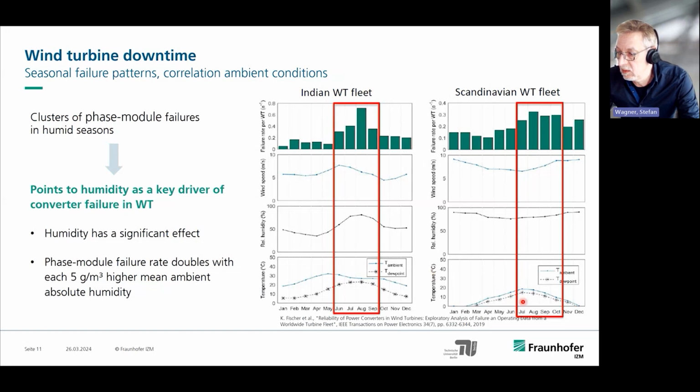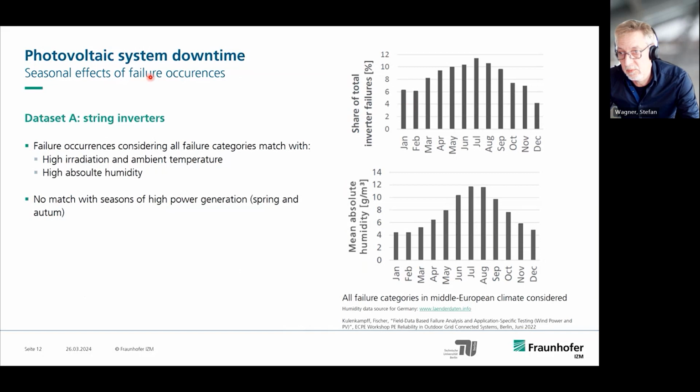You see a similar behavior for a Scandinavian wind turbine fleet. For the photovoltaic system downtimes, here in data set A for a string inverter, the failure occurrence considering all failure categories matches with the higher irradiation and ambient temperature and also with the higher absolute humidity.